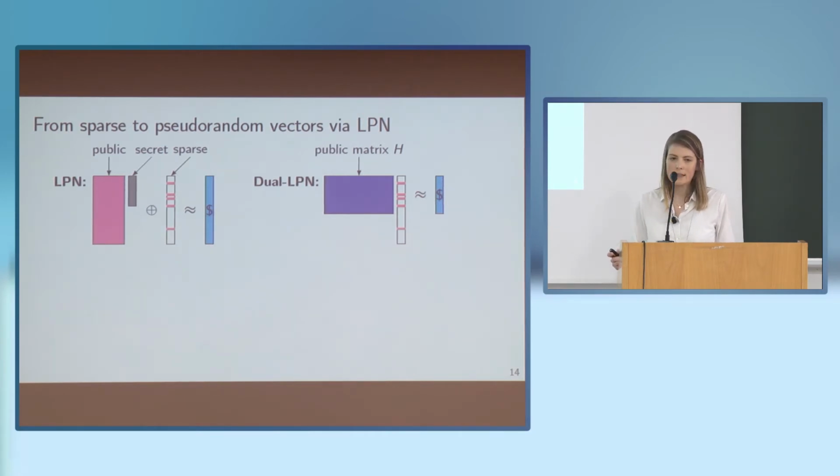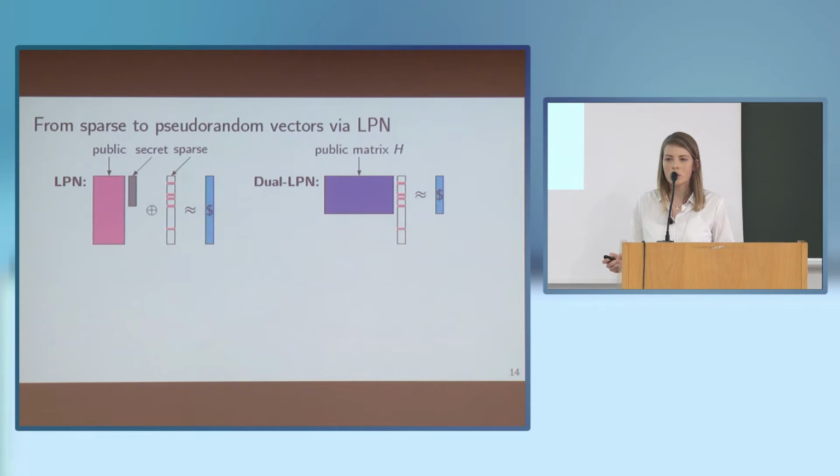So the standard LPN assumption is that you have a public matrix and a secret, and you say that if you add a sparse noise, sparse meaning it's non-zero only at a few points, then you get something that looks pseudorandom.